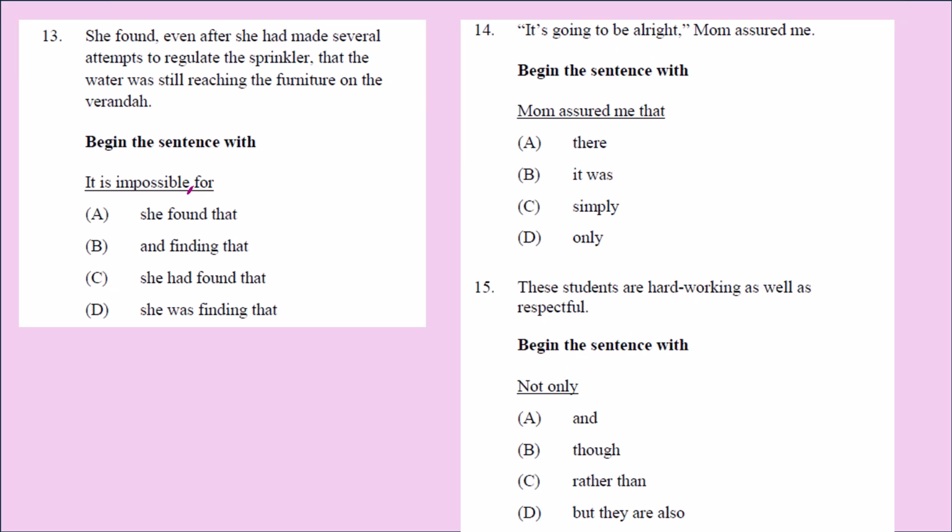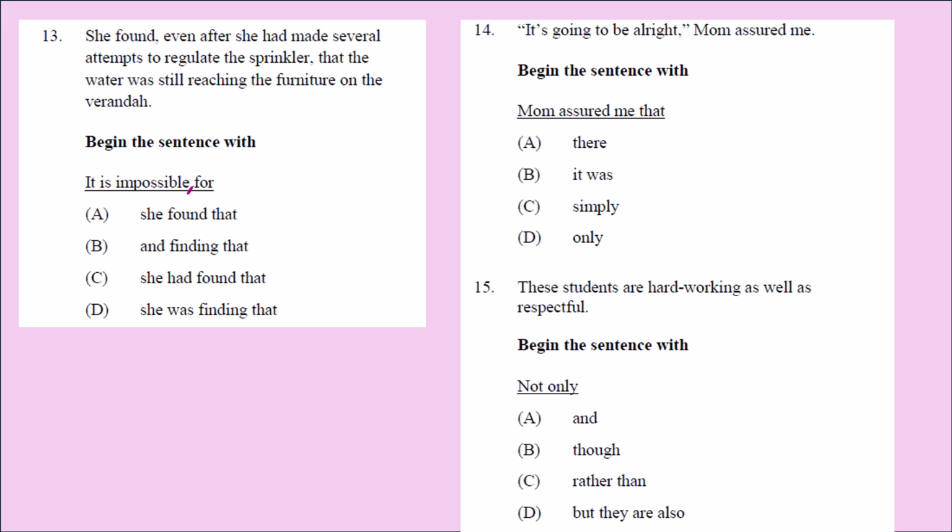Question 13. She found, even after she had made several attempts to regulate the sprinkler, that the water was still reaching the furniture on the veranda. Now this is a bit of a tricky one, because the only way we can make a sentence starting with it is impossible for, and for it to make sense, is if we put a comma after the word impossible there.